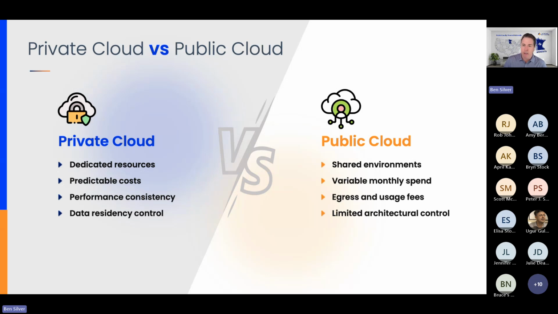So it is a flat monthly rate based on the resources that you have allocated to you. It does not have anything to do with usage, data transfers, or anything like that. That also helps to promote better performance consistency, because when those resources are dedicated to you and allocated for your workflows, it's reliable and predictable how it's going to perform day over day.